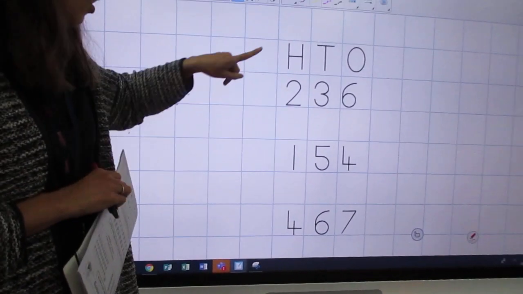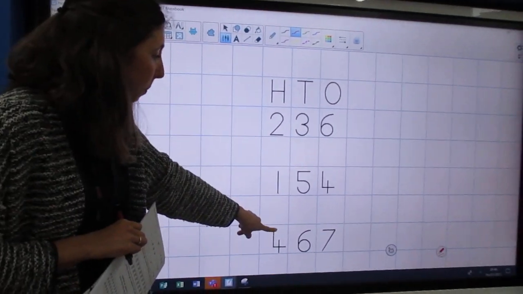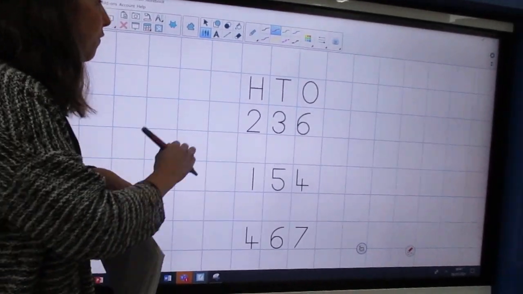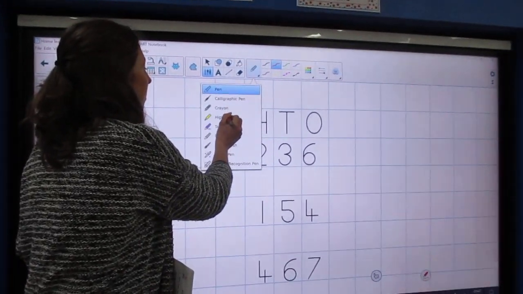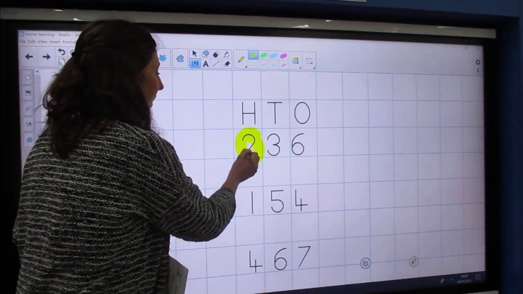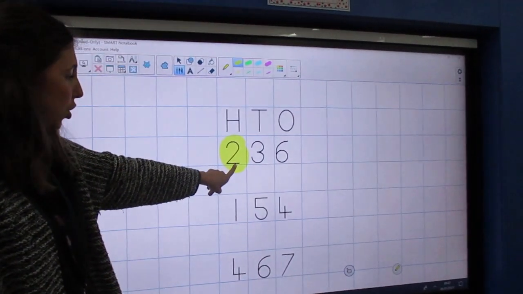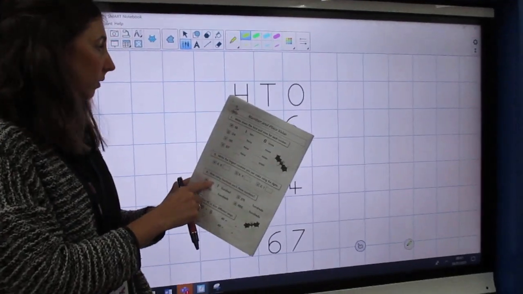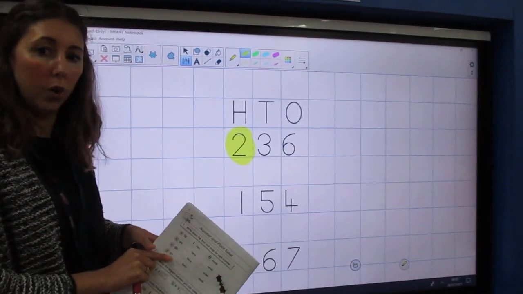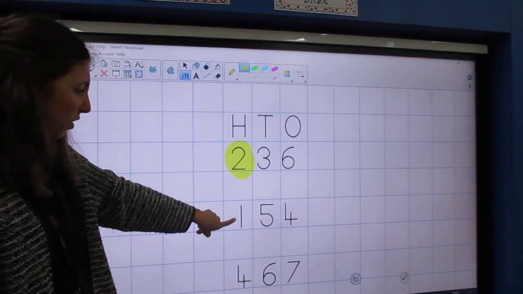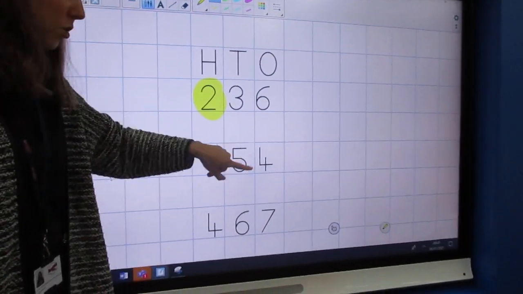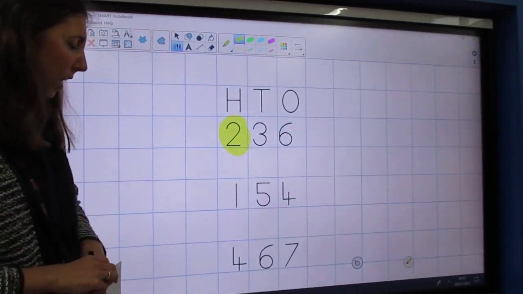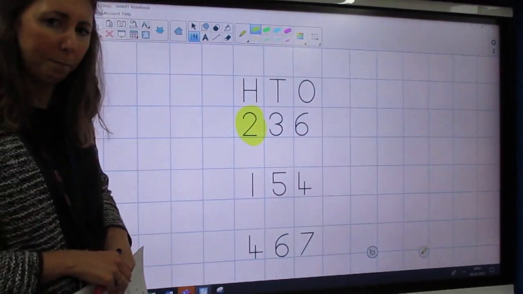So what you need to look at is the hundreds place, which is going to be the first number you will see. So I can see in this number is 236. So I would write down that it's got 2 hundreds. See if you can read this number to your grown-up. See if you can read that 3-digit number.